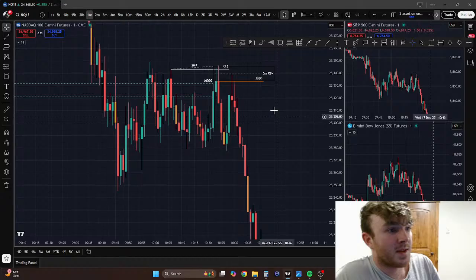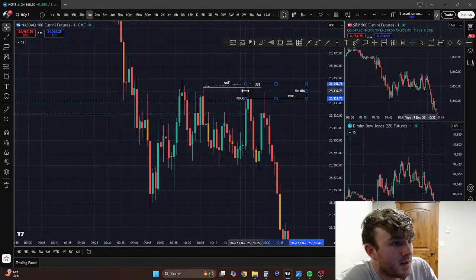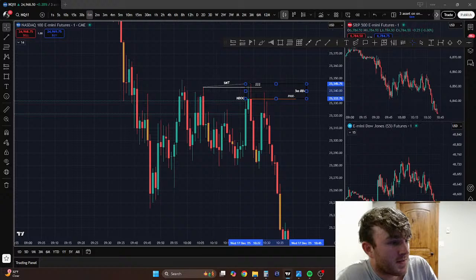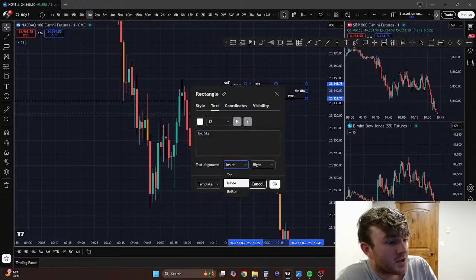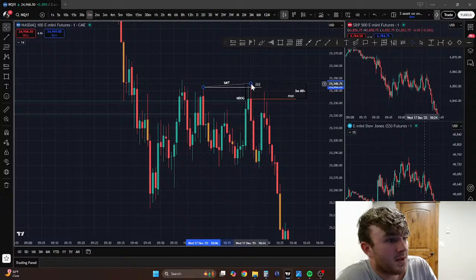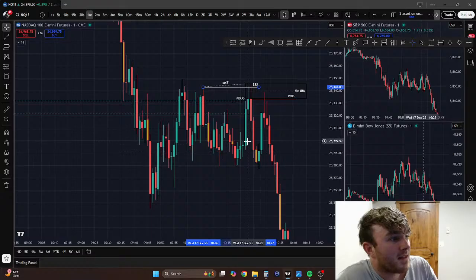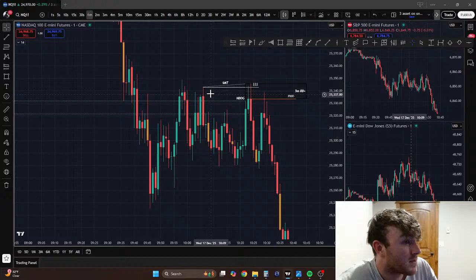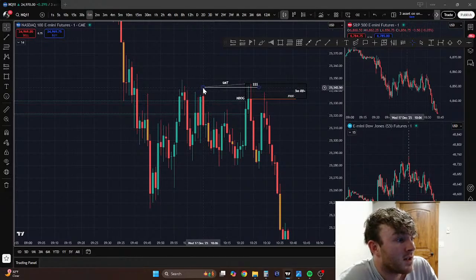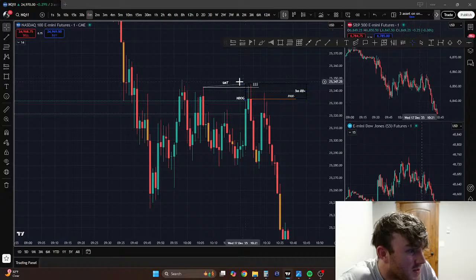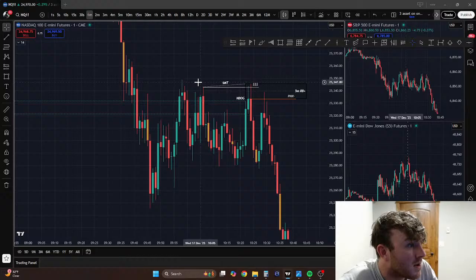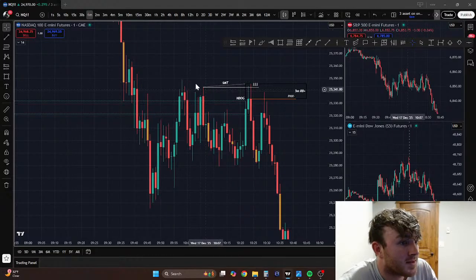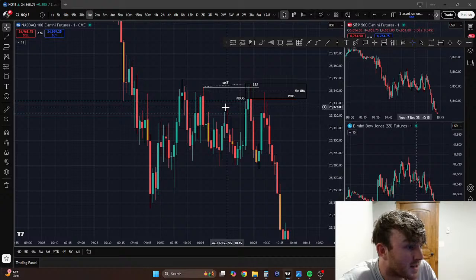Alright, so we had this 1 minute rejection block. This was a nice Phoenix, and then we get an inversion off of this. So you can kind of get the idea of why the market failed on this inversion but then worked on this inversion. A big reason was because I'm pretty sure there wasn't SMT yet. Yeah, from here to here. Okay, there was SMT there, but that one wasn't that obvious.